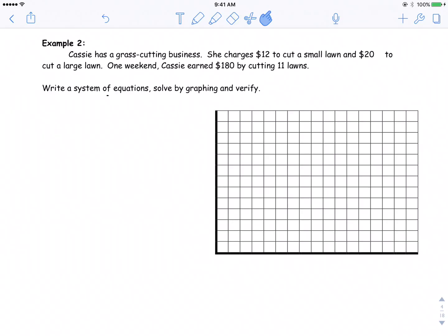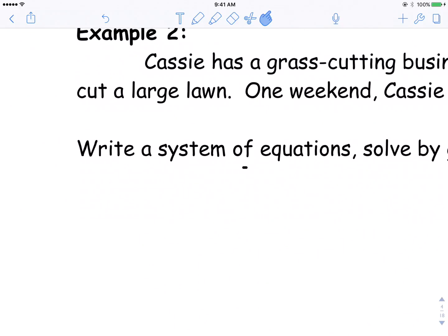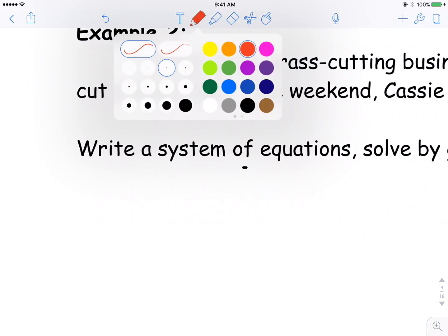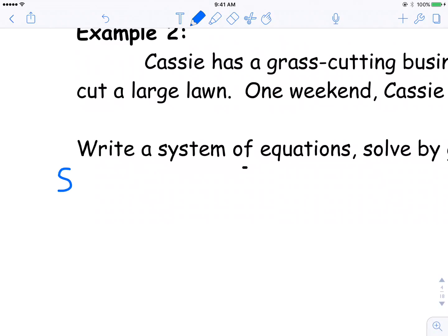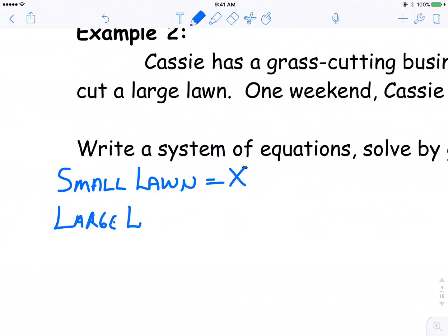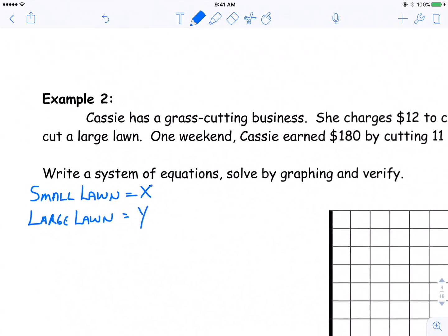So first of all, we need to create our let statement saying what our variables are going to be. Let's say that our small lawns are going to be X, and our large lawns are going to be Y. So what else do we know?